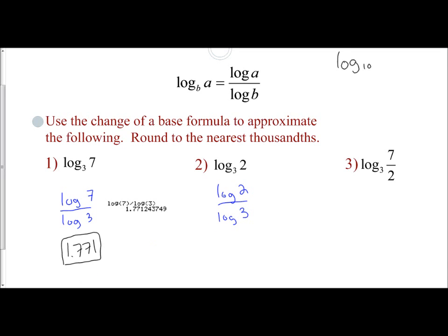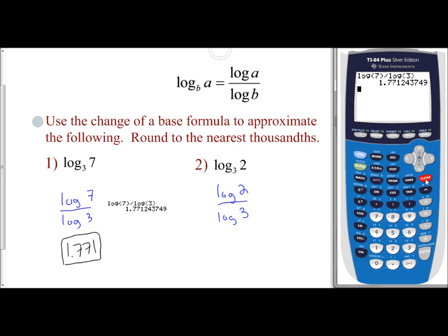I still have my other one in the calculator screen, so I'm going to clear it out. This time I'm going to use the new operating system. I'm going to hit alpha y equals to pull up my fraction menu. The first one, numerator slash denominator. And I'm going to do log of 2, close the parentheses, hit the down arrow, and then do log of 3.